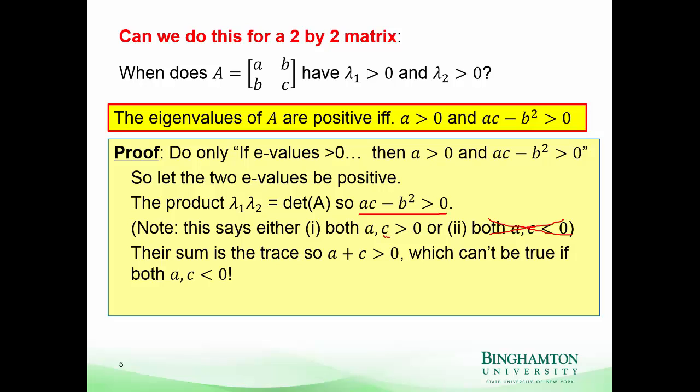We're not saying anything about C, we're simply saying that A, by itself, is the only thing we really need to say. A must be greater than 0. Yes, it will be true that C must also be greater than 0, but we don't have to check that. All we've got to do is check A and then check the determinant, and we're done.